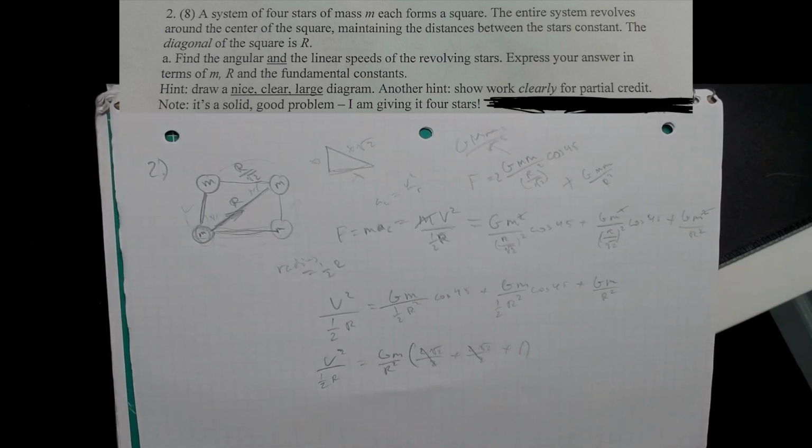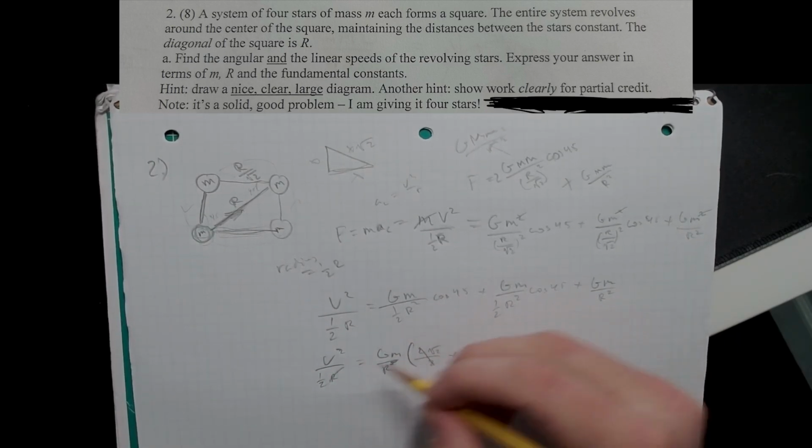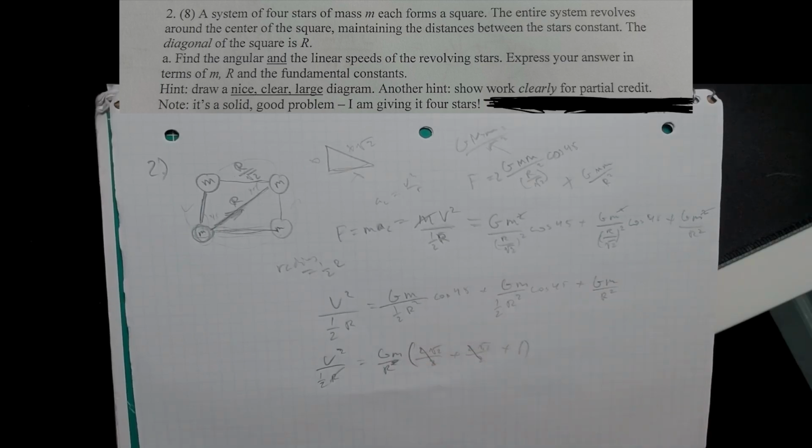Now, from here we can multiply both sides by 1/2 r, multiply both sides by 1/2, multiply both sides by r to get this out of there. We're left with 1/2 of that, which gives us velocity squared equals 1/2 r.